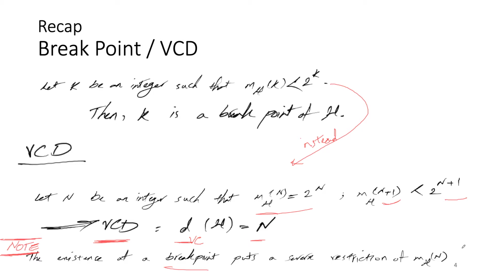Although using the dichotomy we can expand up to 2 to the power of n as the upper bound, if we put a breakpoint it's going to make the complexity of the space way smaller, because it's going to put a restriction on the growth function, right? So let's see what that means in the next slide.